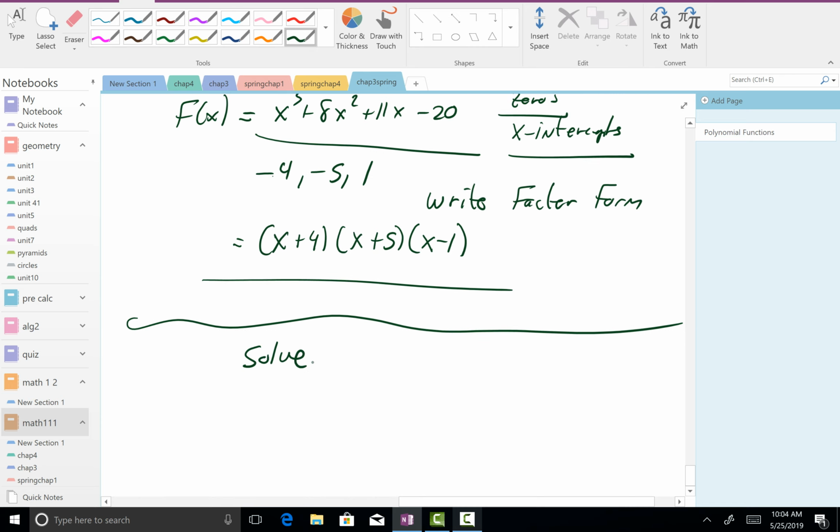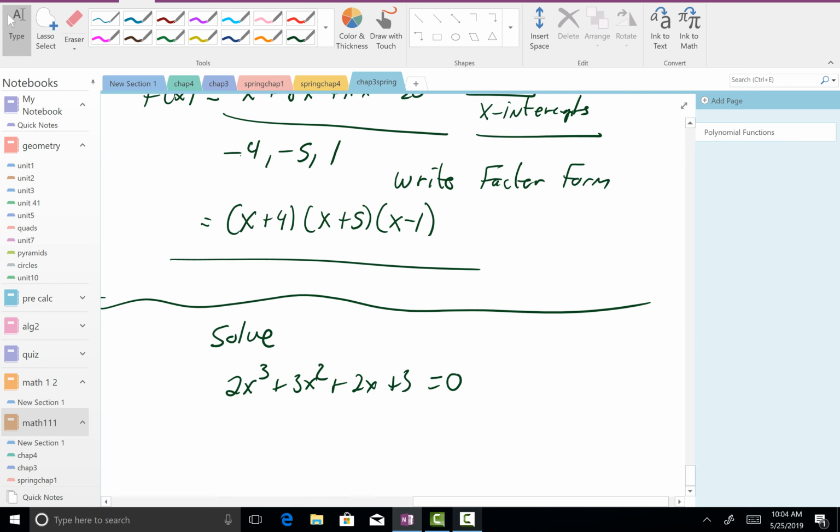Real solutions. So, guess what? What are we going to do? Graph it. That's it. You're just going to graph it. Okay? What are we going to look for? There you go. X-intercepts.